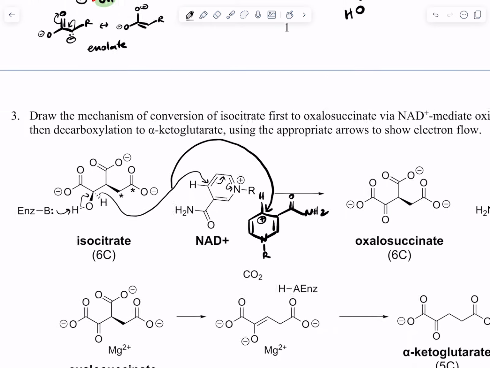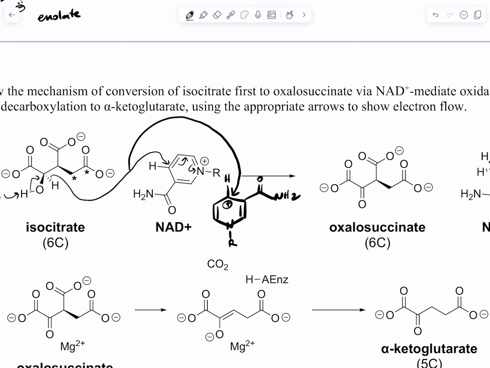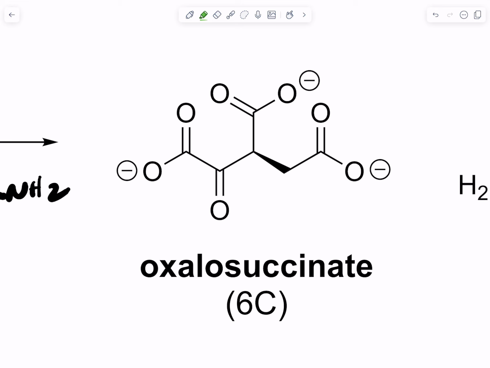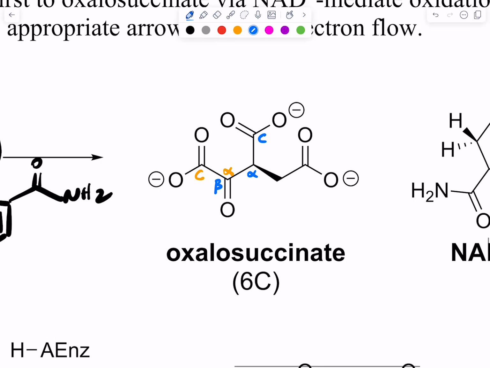Okay, cool. So oxalosuccinate, just to review, once you get here, you have a ketone, and that ketone is alpha to the orange carbonyl carbon, but it is beta to the blue carbonyl carbon.